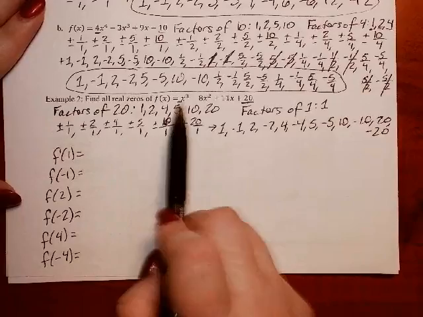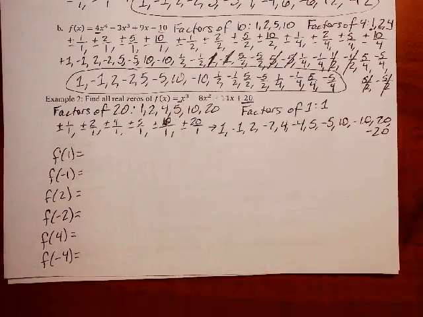So 1 to the third power is 1, minus 8 times 1 squared. 1 squared is 1. 8 times 1 is 8. So 1 minus 8 is negative 7. 11 times 1 is 11. So negative 7 plus 11 is 4.